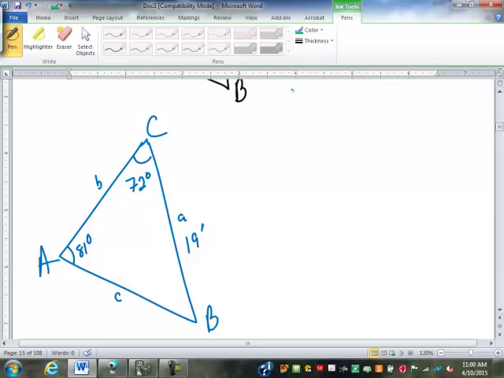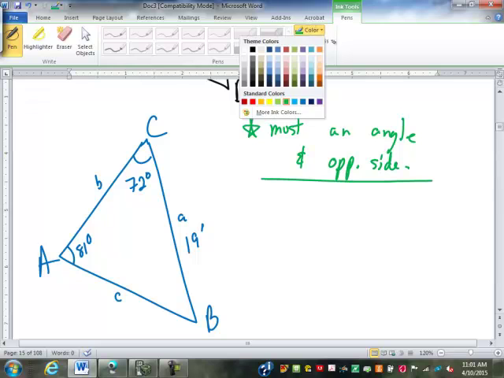Now for the law of sines, I must have an angle and its opposite side. If I don't have that, I can't use the law of sines.